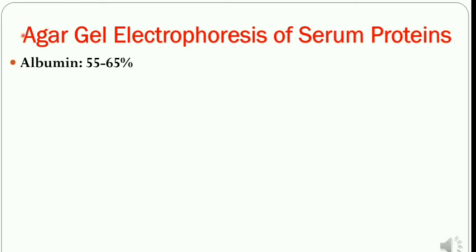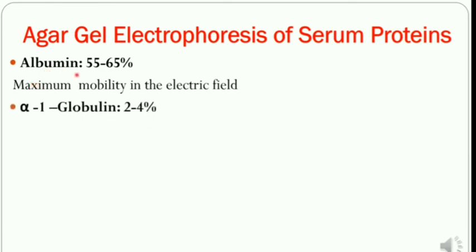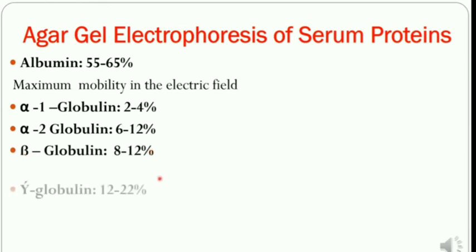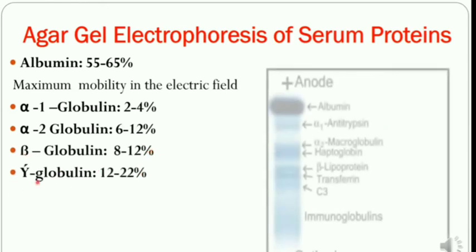Whenever we do electrophoresis of serum proteins, we see the first migrating protein is albumin, followed by alpha 1 globulin, then alpha 2 globulin, then beta globulins and gamma globulins.